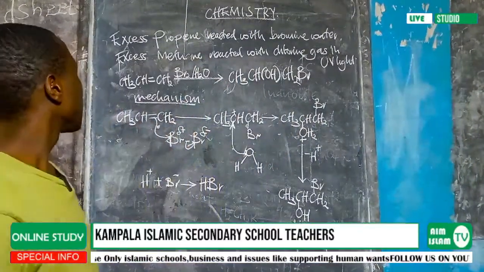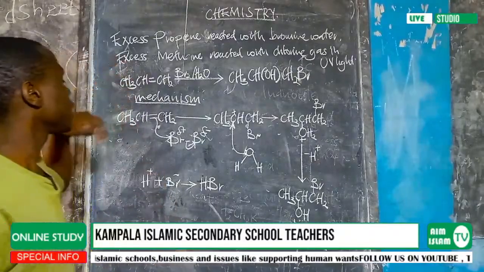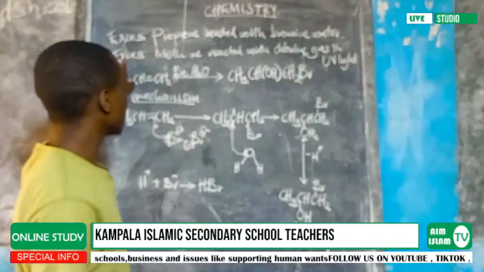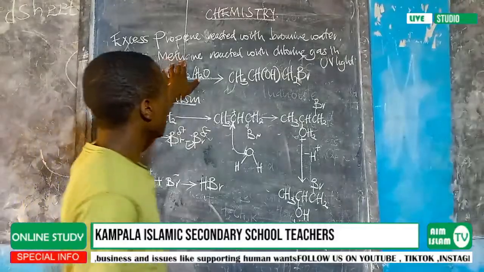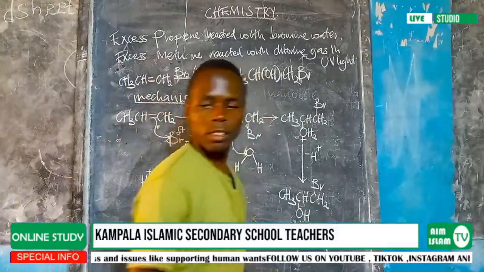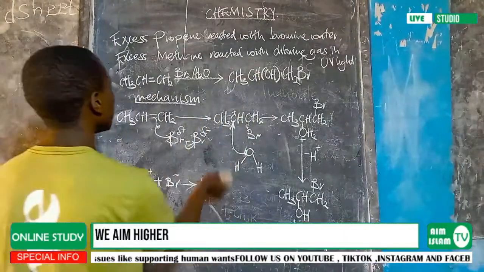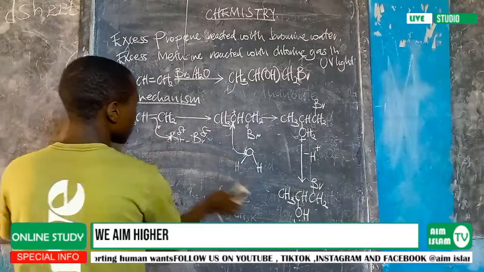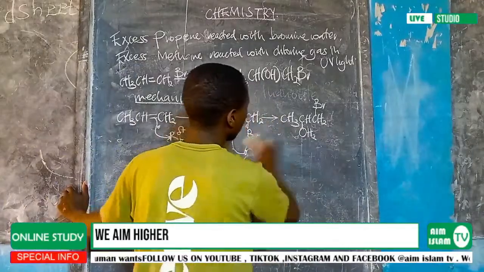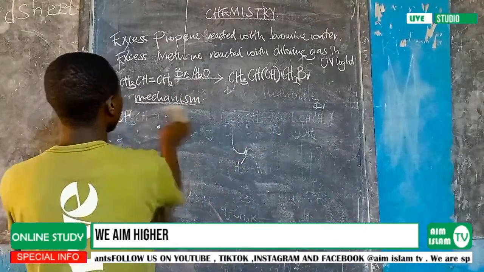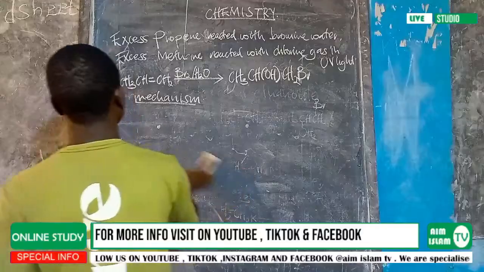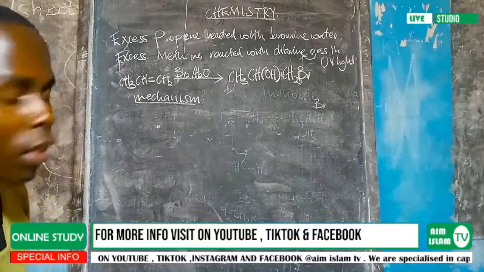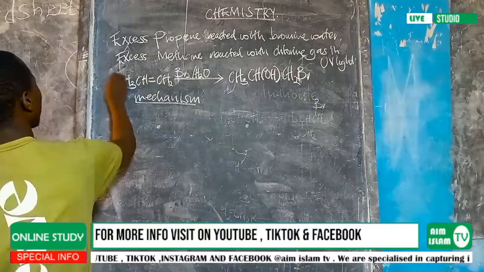That's where they said excess. Now they said excess propene. Here they are saying excess methane reacts with chlorine gas to form a certain product as a mitigation, so I can rub off this. This was 1.